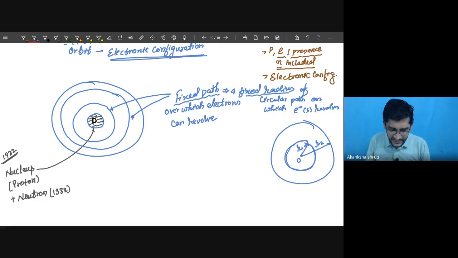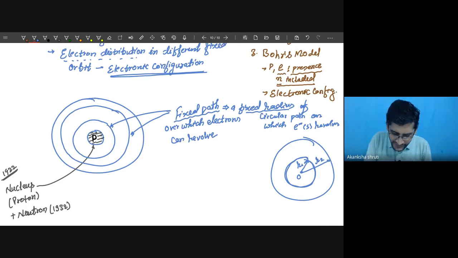Another thing he suggested was that while this path is fixed, the electron in this fixed path will have fixed energy. This implies the electrons in one particular path have fixed energy.